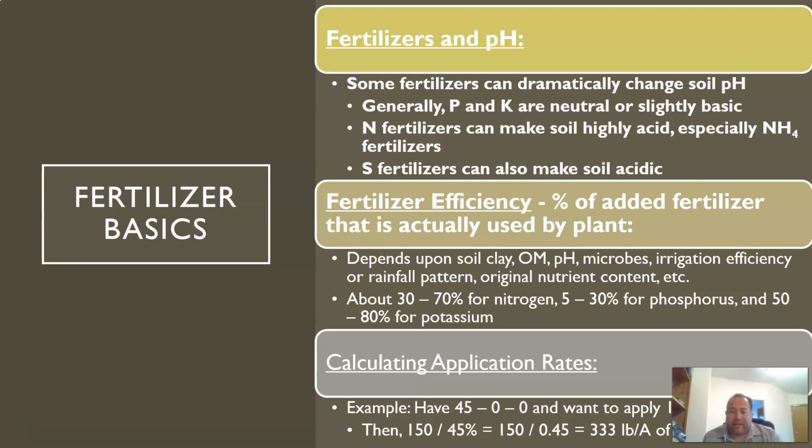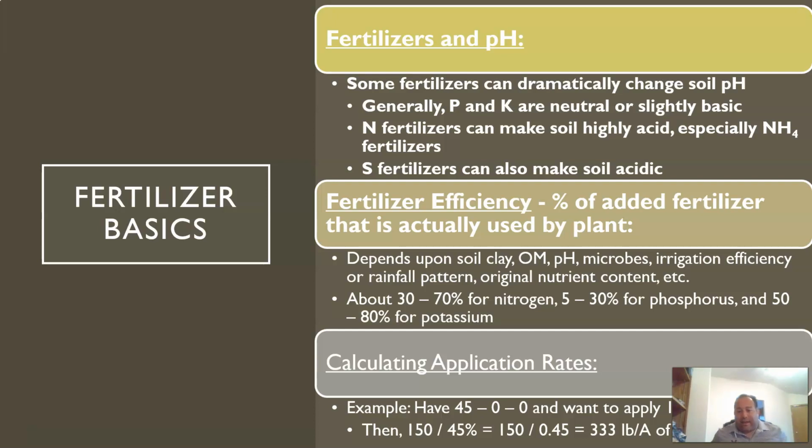So that's one of the ways to try and get to how well this fertilizer is being used, what the plant is actually taking up. But it's going to depend on the clay content of the soil, the organic matter, the pH, the microbes, the irrigation efficiency or rainfall pattern, the original nutrient concentration. So you can see how that could get complicated.